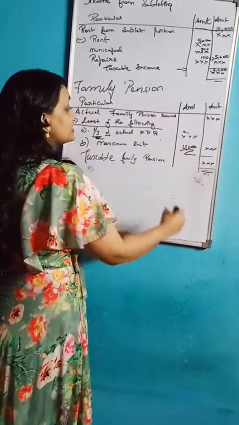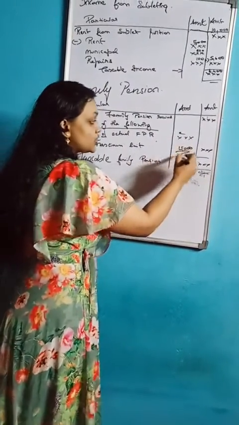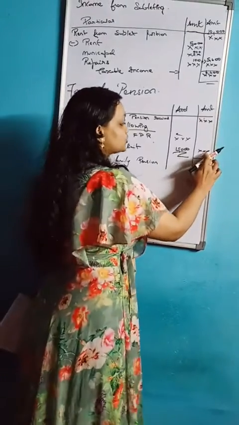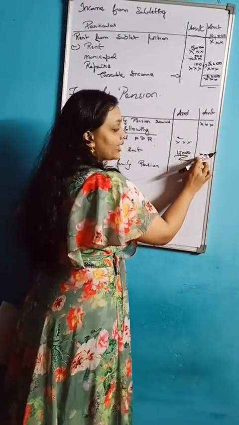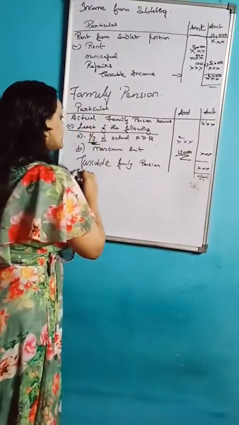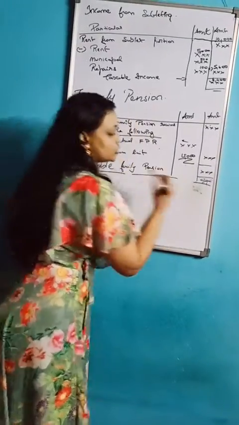And see whichever is less. Of these two, whichever is less, you write that amount, and then minus it from the actual pension, and you will get the taxable family pension.